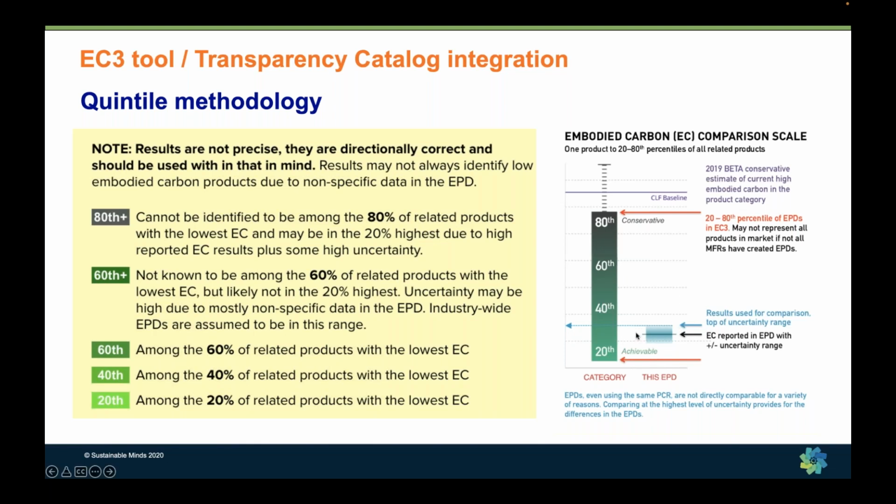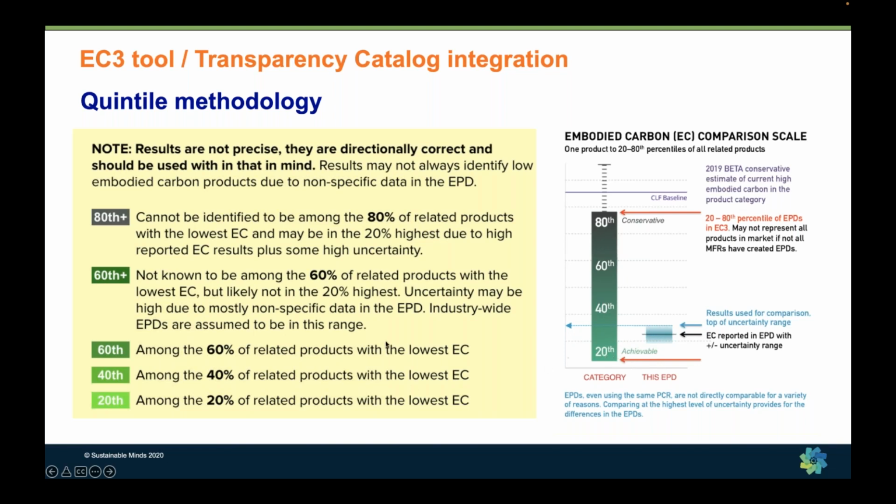It created this uncertainty calculation that essentially adds an uncertainty penalty, if you will, to the reported result if the data is not specific. So if it's not plant specific, if it's not product specific, a couple other variables. And by the way, all the uncertainty from each EPD is also included in the calculated range.